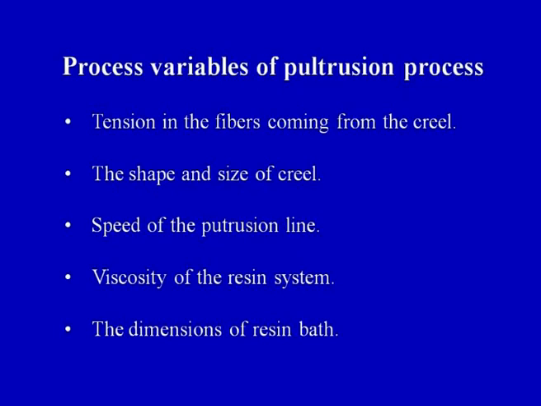So the optimal viscosity of the resin bath has to be chosen. The dimensions of the resin bath are also equally important. There are a few things which also have to be taken care of when we are selecting a pultrusion process for making a pultruded profile for any particular engineering application.